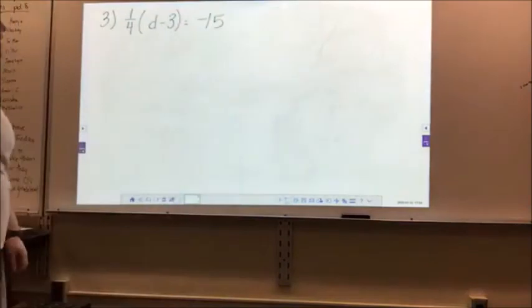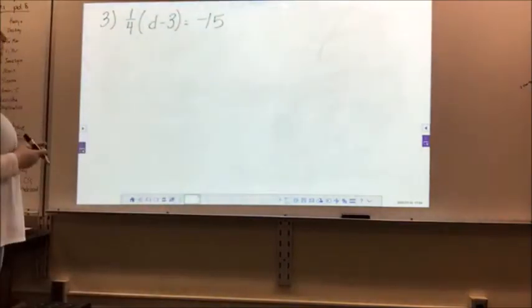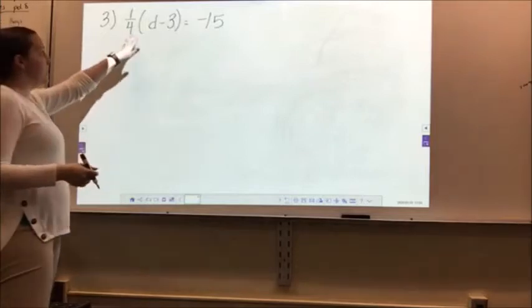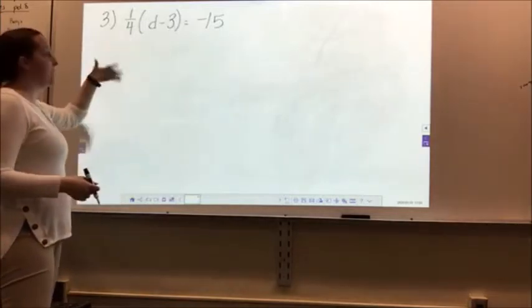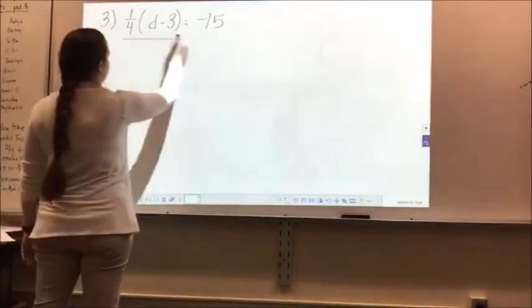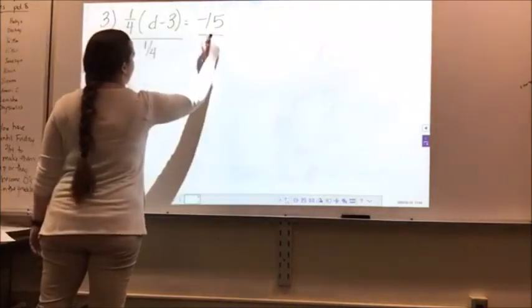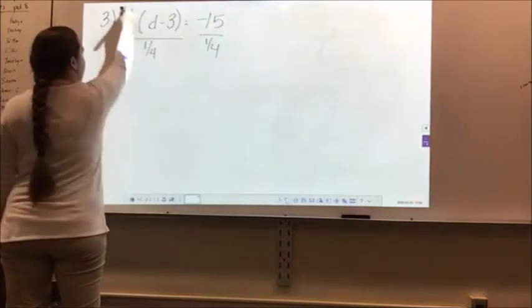The third problem I have, 1/4 times the quantity d minus 3 equals negative 15. So again, I have parentheses. I need to do what's on the outside first. So this is multiplication. I need to do the opposite, which is division. So I divide both sides by 1/4. This cancels.